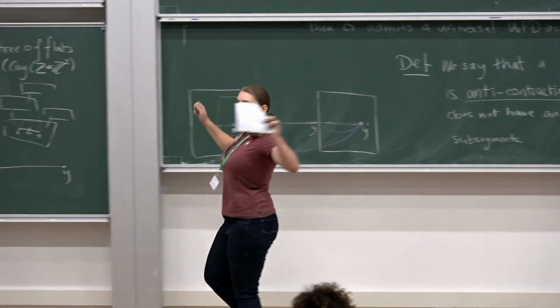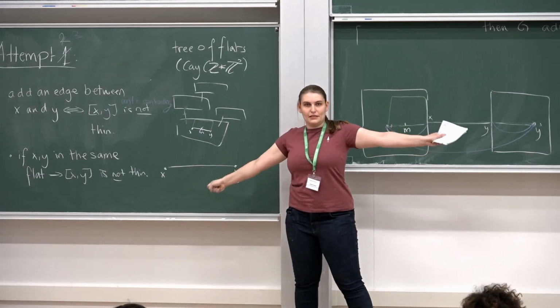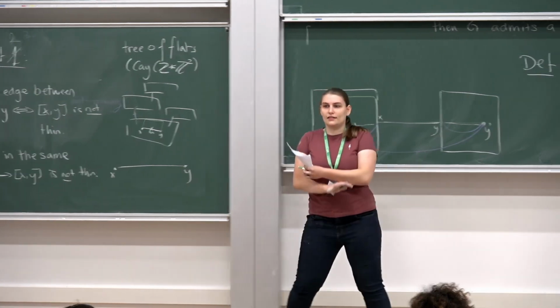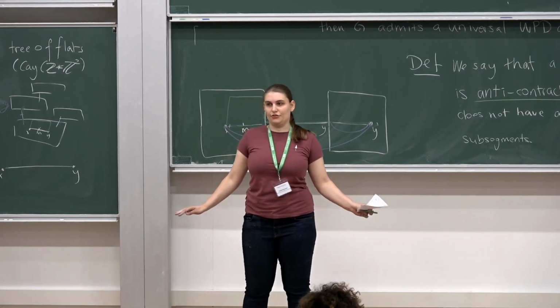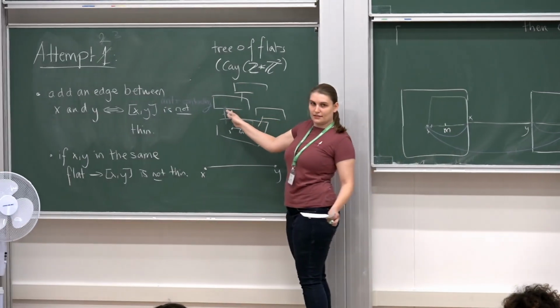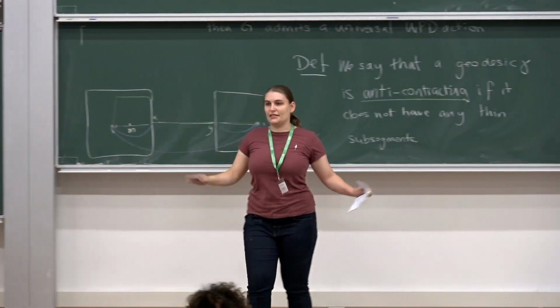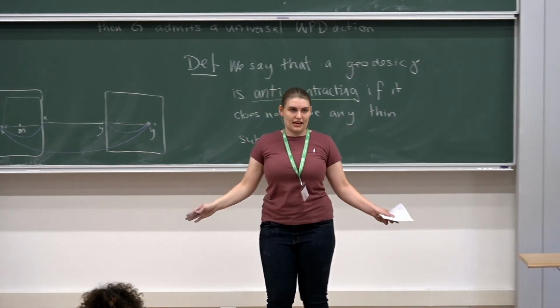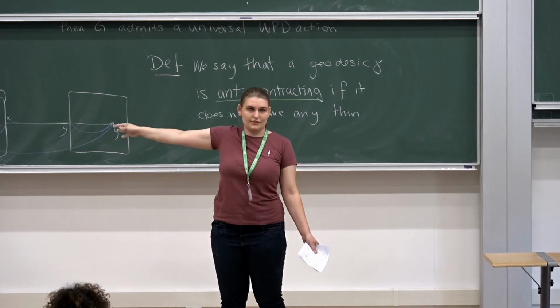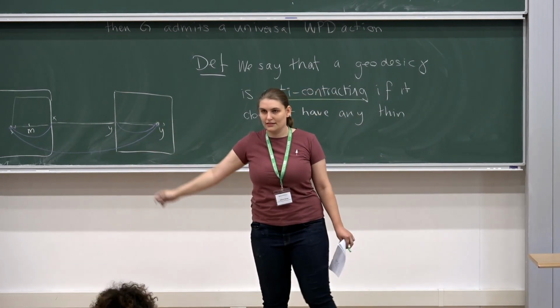So if we take any geodesic between two points in different flats, this geodesic can't be anti-contracting because it has this thin subsegment. So what we get is the Bowditch tree, which, as I told you earlier, is what we want to get from there.